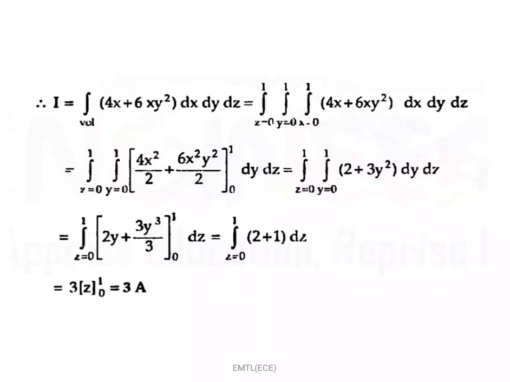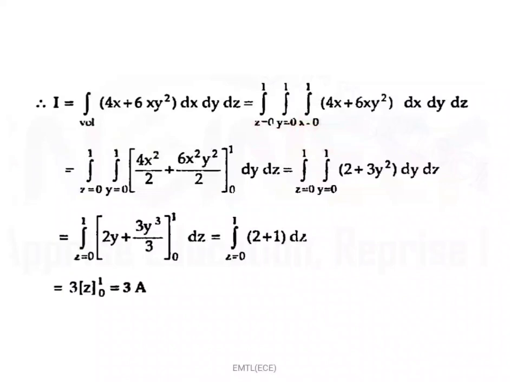Because it is a cube with one corner as the origin, and the cube is along the coordinate axes with a side of 1 meter. So along the x axis, x starts from the origin to 1 meter, so x varies from 0 to 1. Similarly for the y and z axes. That's why we take the limits of x, y, z from 0 to 1.